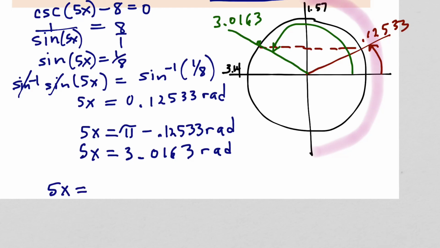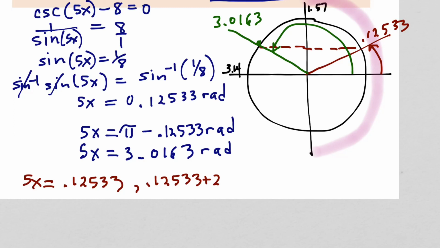Let's do it in red. So starting with the red angle, the next angle in line would be coterminal to that one, the next smallest. So I'm going to add 2 pi to figure out that one. All right, so let me just leave that there for a second.